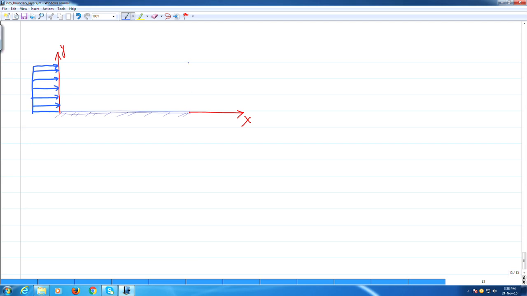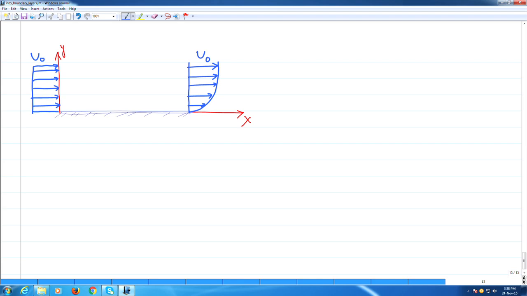So at the outer edge, at the other end, this is my velocity profile. What you get at this side is this kind of a velocity profile. Now, I am going to call this u naught, and this is the same as u infinity, if you will.